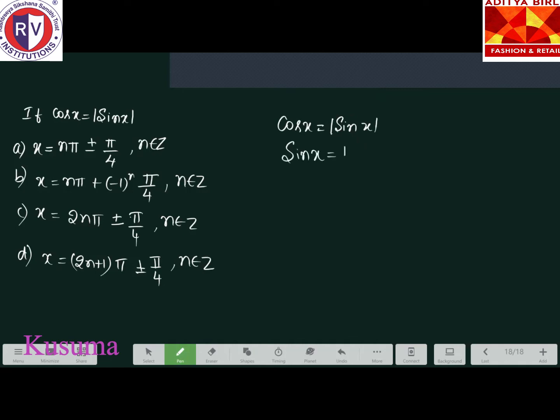Sin x will be equal to plus or minus cos x, right? Or sin x by cos x will be equal to plus or minus 1. So tan x, sin x by cos x is tan x, will be equal to plus or minus 1.